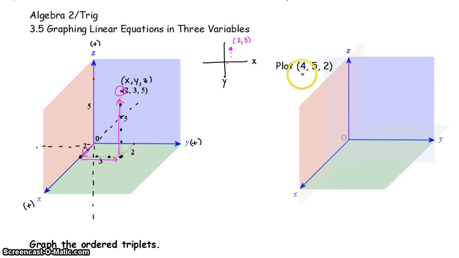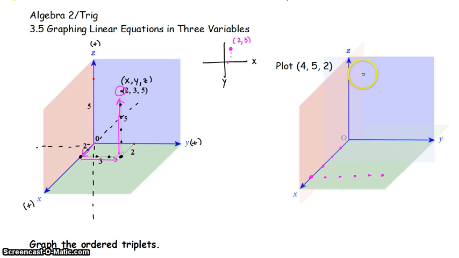Alright, so let's look at our next point. We've got 4, 5, 2. Again, we start at the origin. We're going to go right on the x-axis, 1, 2, 3, 4. Then I want to go to the y, 5. Here's the y, so I'm going to go 1, 2, 3, 4, 5. And then last, our z is 2.